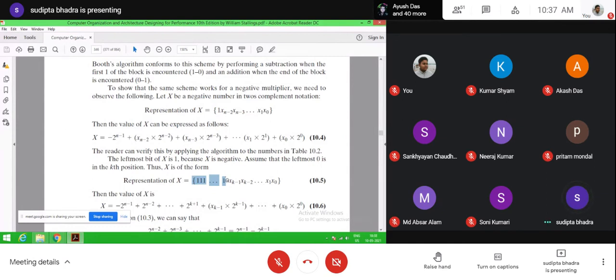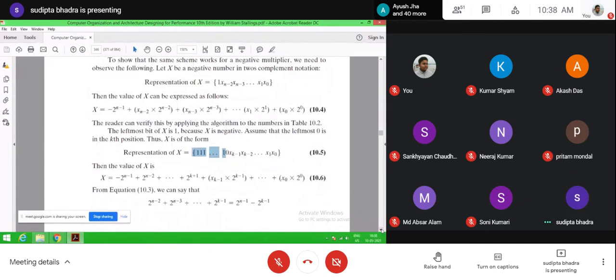Now this set of ones can be represented in this particular form in 10.6, that minus 2 to the power n minus 1 plus 2 to the power k plus 1.